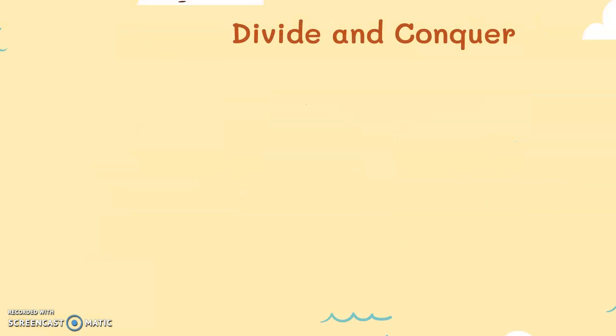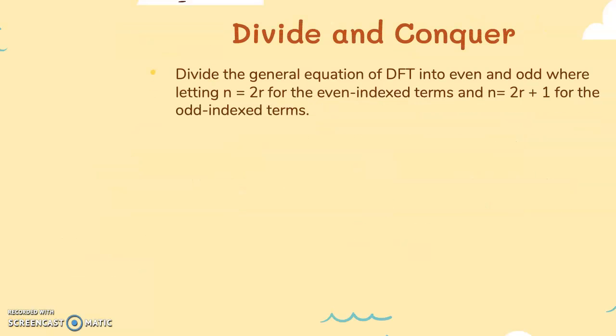So let's look at the first one, which is divide and conquer. First of all, you have to divide the general equation of DFT into even and odd, letting n equals 2r for the even index and n equals 2r plus 1 for the odd index terms. Okay, this is the general equation of DFT, remember?